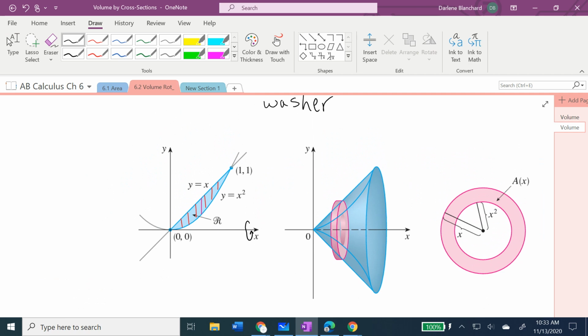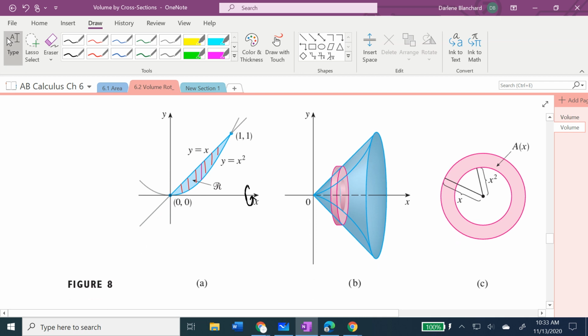Once you have the region drawn and you have identified the axis of rotation, you are ready to set up the differential. Is this dx or dy? Dx. Because my radii are perpendicular to the axis of rotation.